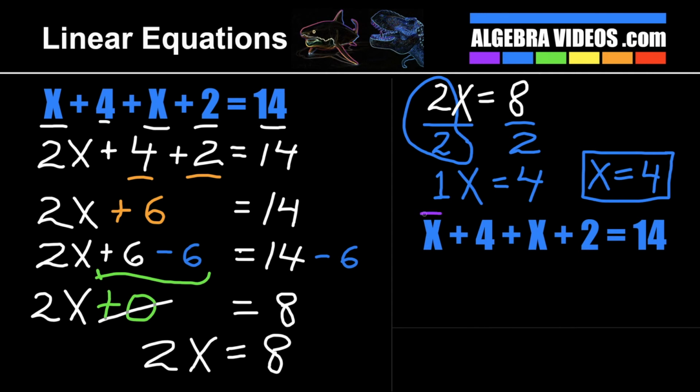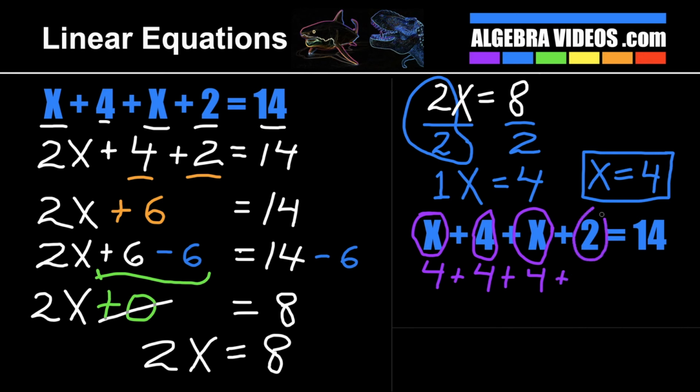We'll start with this x right here. Let's plug in for that x the number 4, plus this 4 right here is part of the equation, plus, and now for this x we're going to plug in the number 4, and then this plus 2 right here stays the same, plus 2 equals 14.